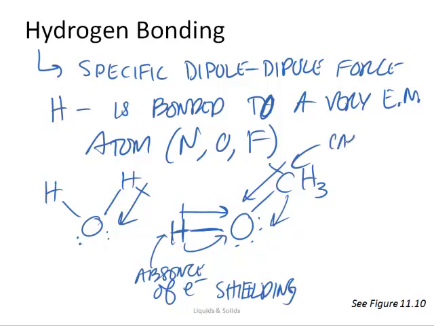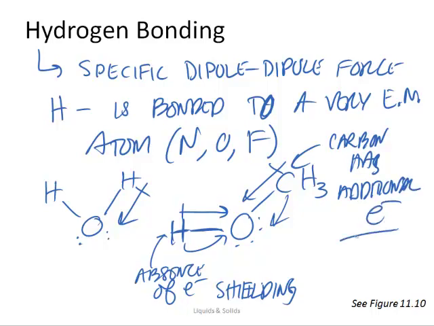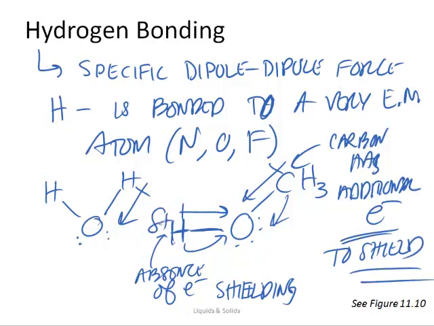Carbon has additional electrons to shield its nucleus. And so this partial positive is very strong.